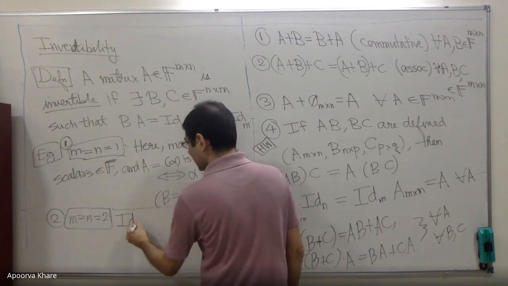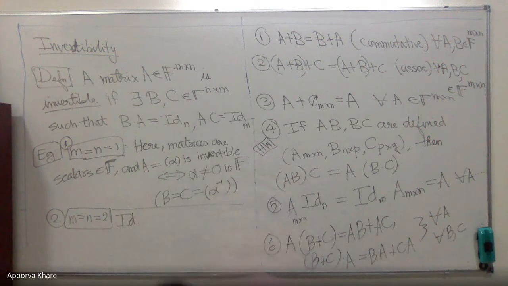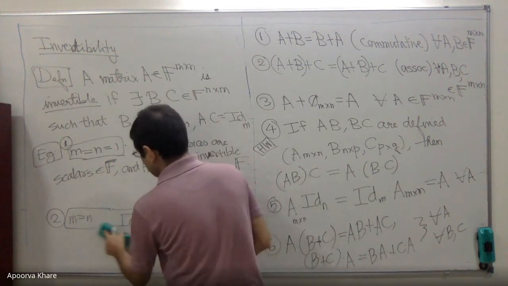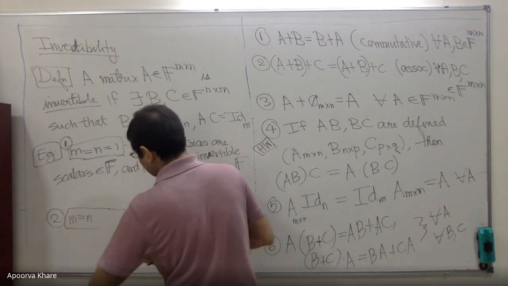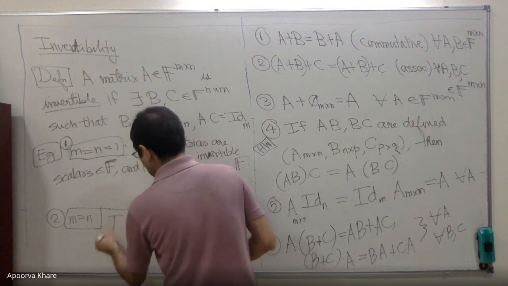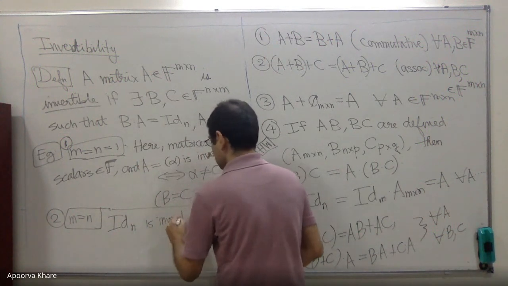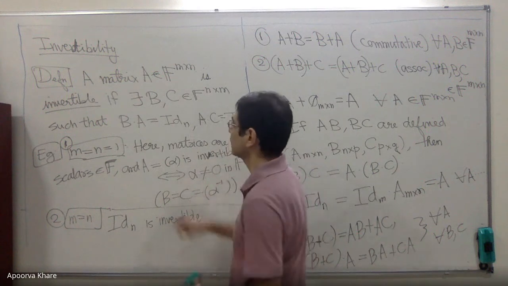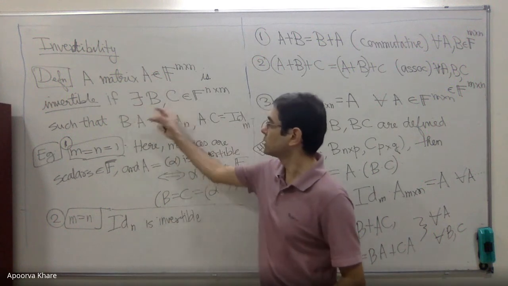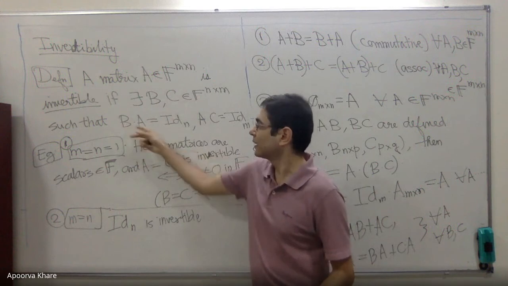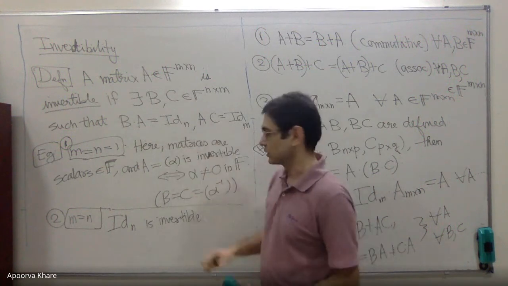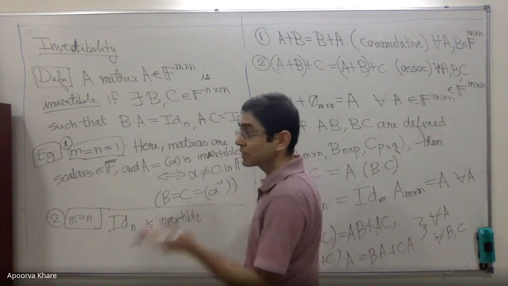Let me even say m equals n, not n equals 2. I'll give you an example of an invertible matrix. The identity matrix n cross n is invertible, right? Because if you just take B equals C to be the identity, then identity times identity is identity. That's all, because identity times anything is itself.